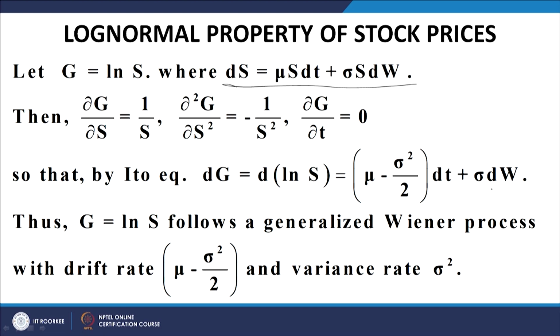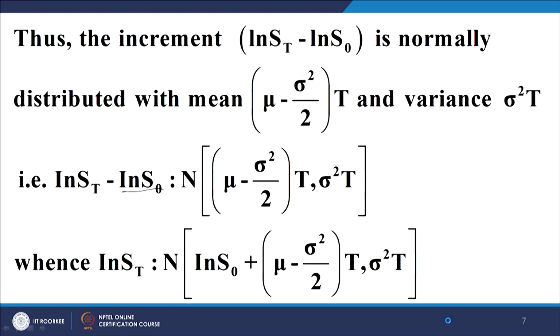This does not contribute to the variance because this is deterministic, and therefore log s t minus log s 0. Log s 0 can be taken to the right hand side, and we get log s t is normally distributed with a mean of log s 0 plus this expression into t and a variance of sigma square t. Now, the important thing is that log of s t is normally distributed.